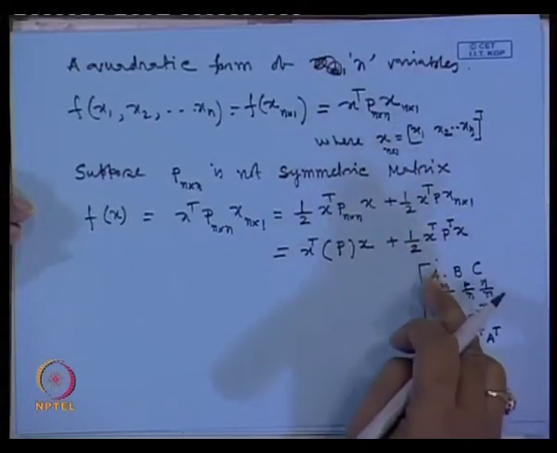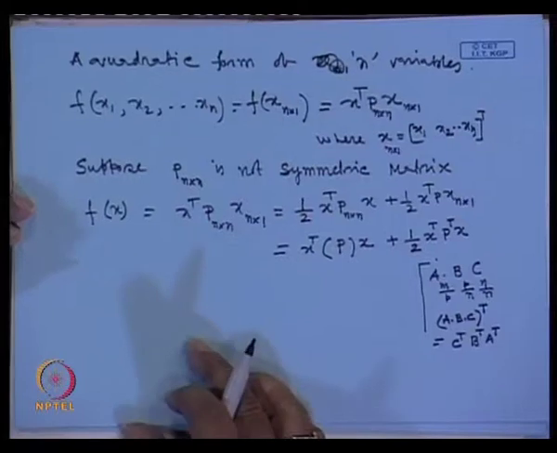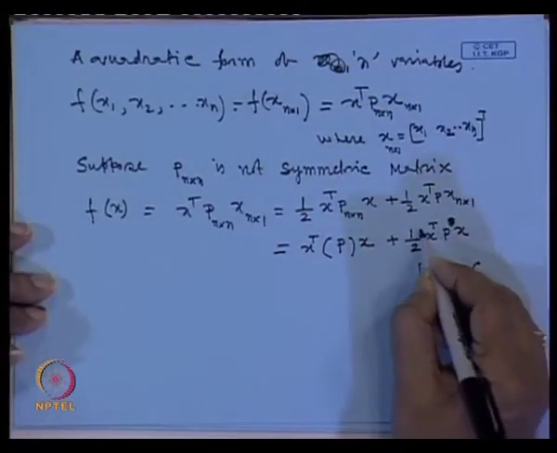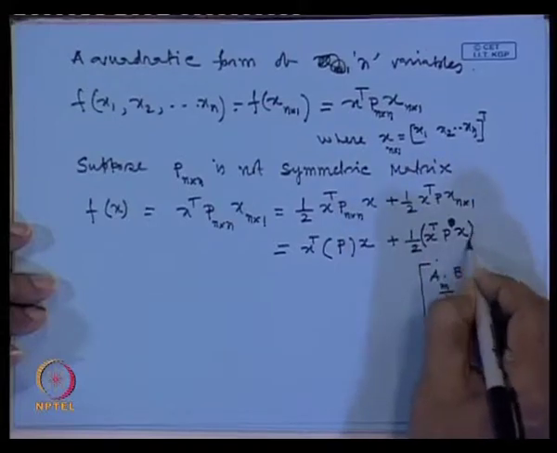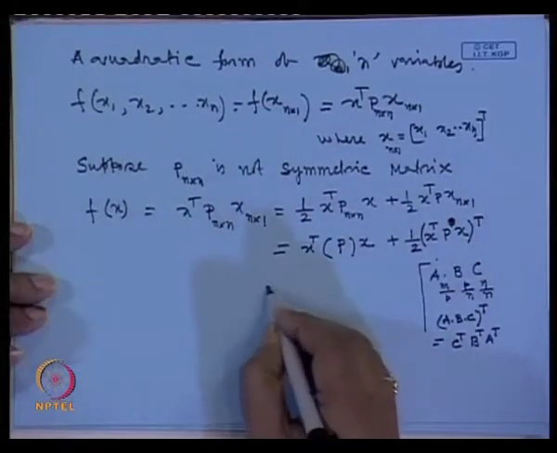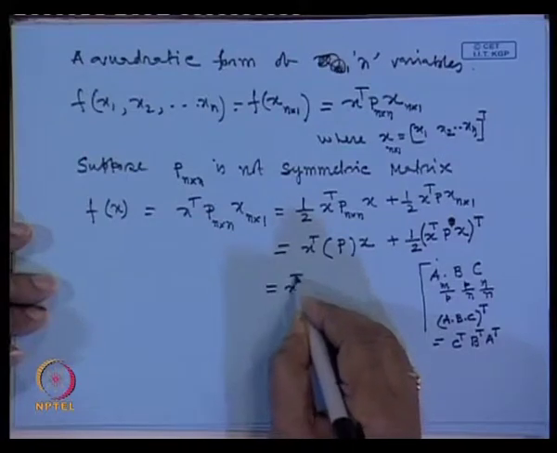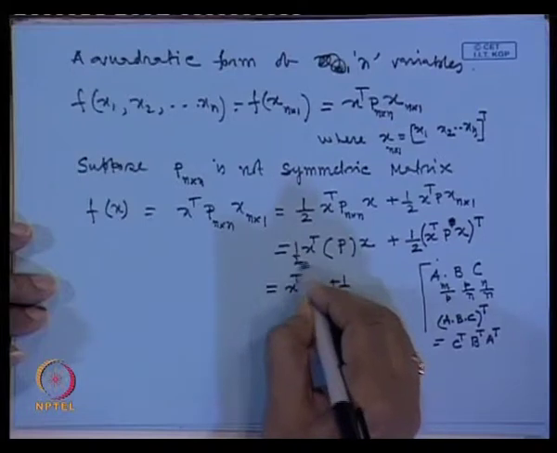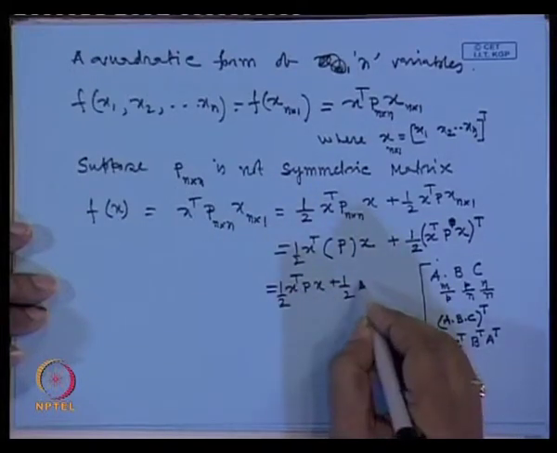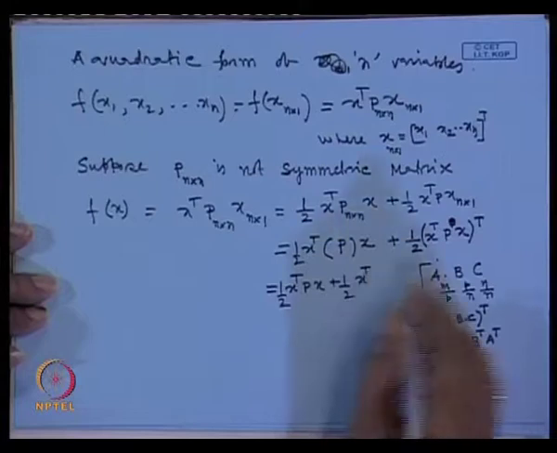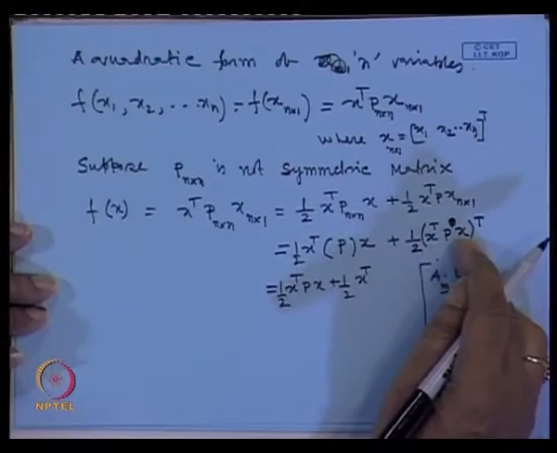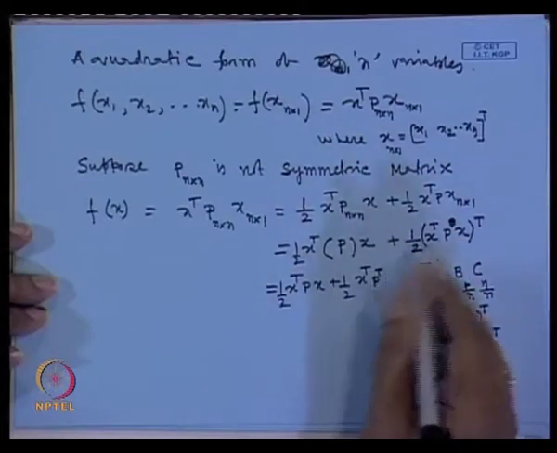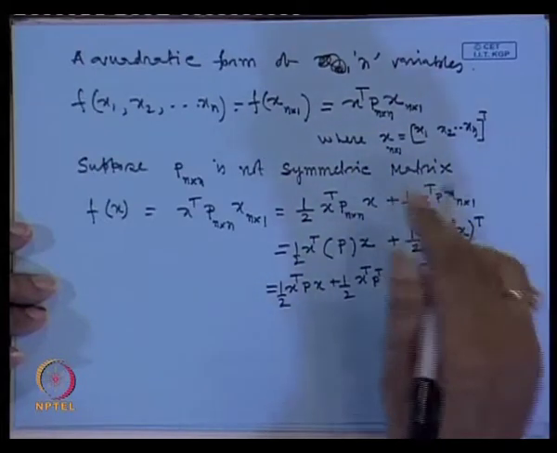So, this equals x transpose P x plus half, then x transpose, where this is A, this is B, this is C; C transpose means x transpose, then B transpose, P transpose, and the transpose of x transpose is x.